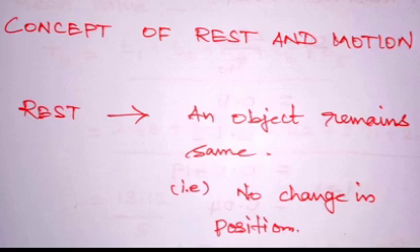The position of the student is considered as rest. While the teacher taking the class is moving from one end to another end, then he is said to be in motion, that is, changing his position from one end to the other while taking the class.